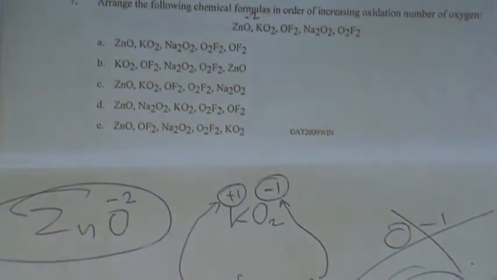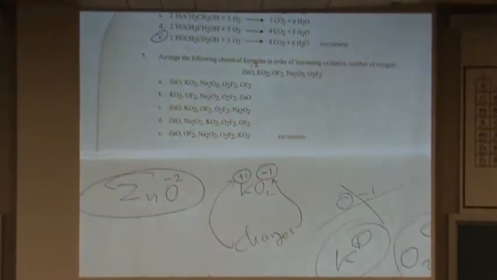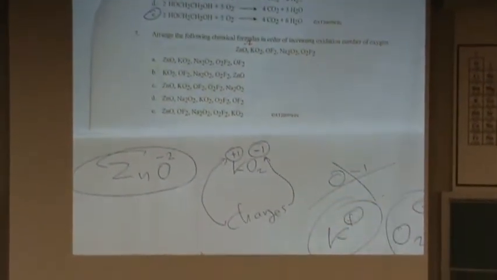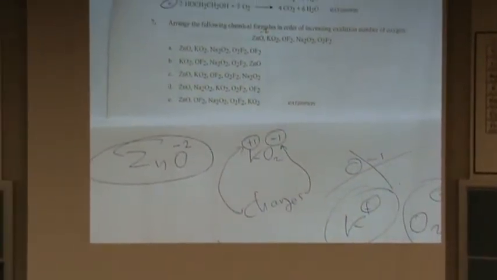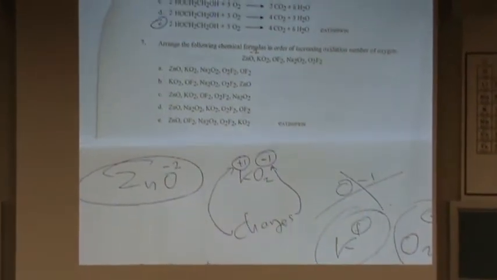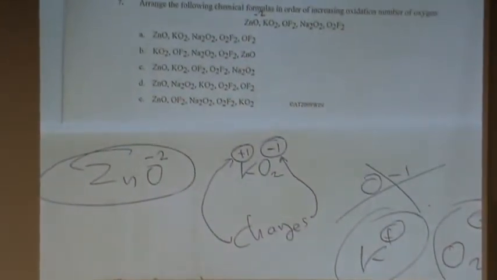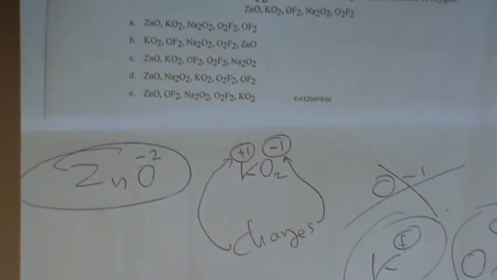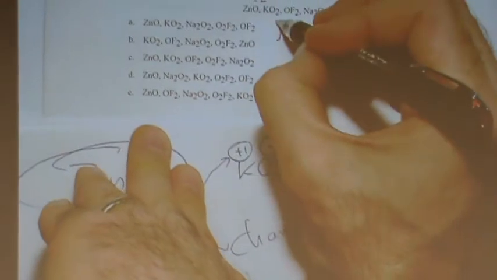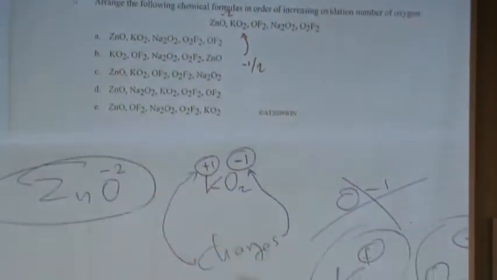Isn't that right? Whatever the oxidation number of oxygen is, we don't know, times 2 will give you the charge, which is minus 1. Yes? So the average oxidation number of oxygen is equal to minus 1/2. So for this oxygen there, we'll put minus 1/2.